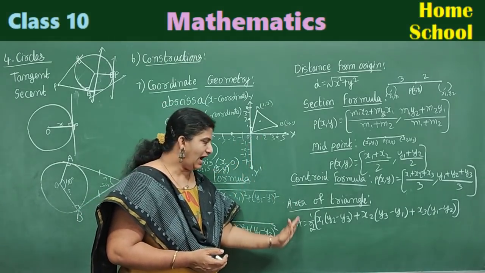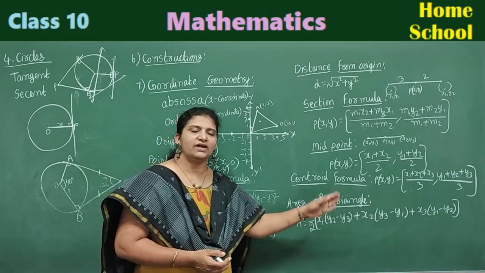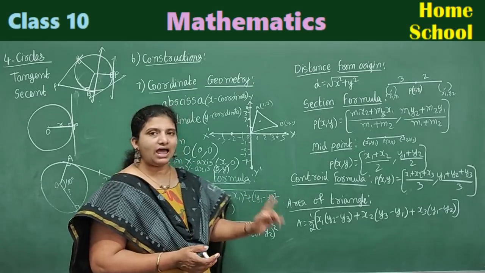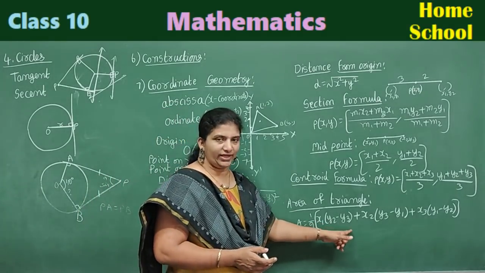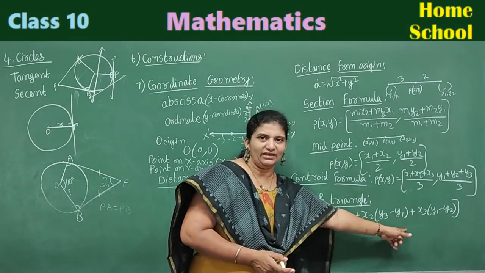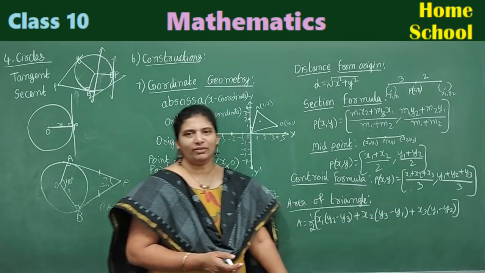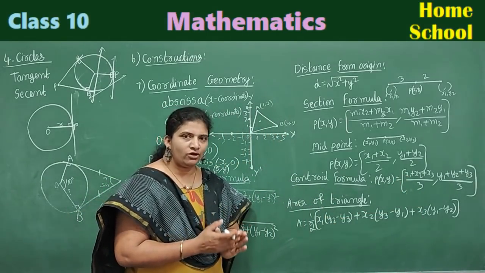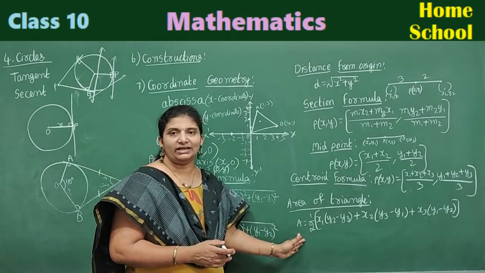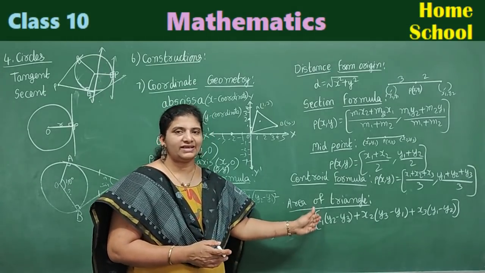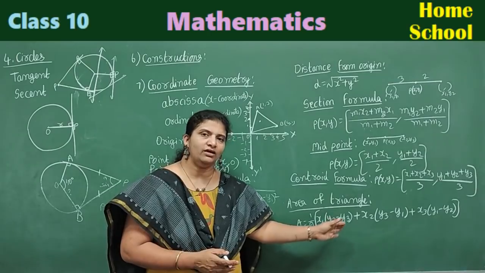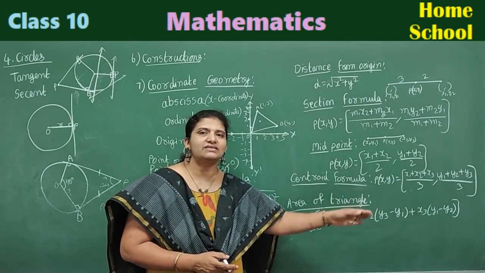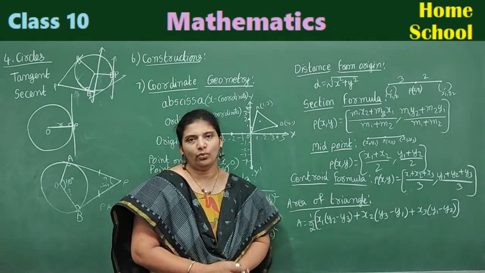Just you write here half, x into (y minus y) plus x into (y minus y) plus x into (y minus y), you write. And then 1, 2, 3, 2, 3, 1, 3, 1, 2, you remember. Okay, have to remember the formula. Area of a triangle A is equal to half of x1 into (y2 minus y3) plus x2 into (y3 minus y1) plus x3 into (y1 minus y2).